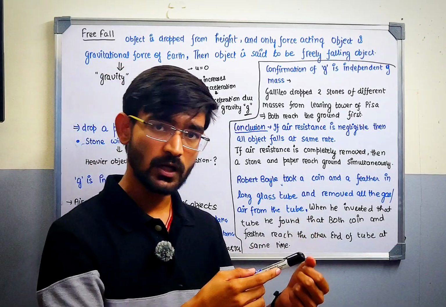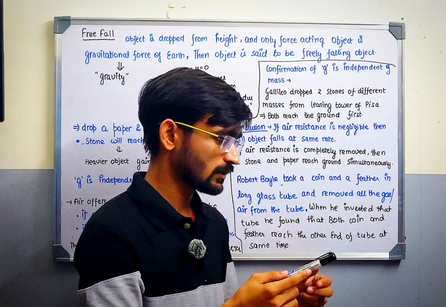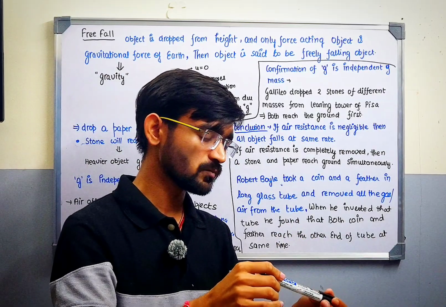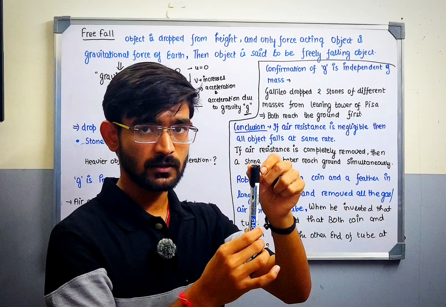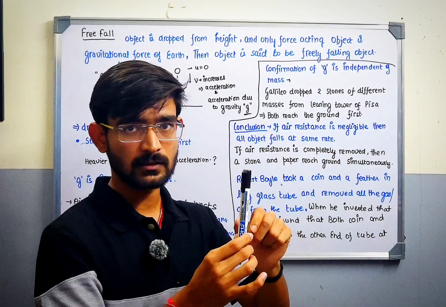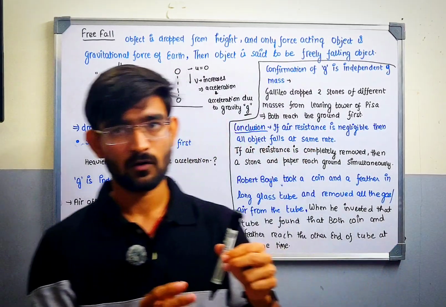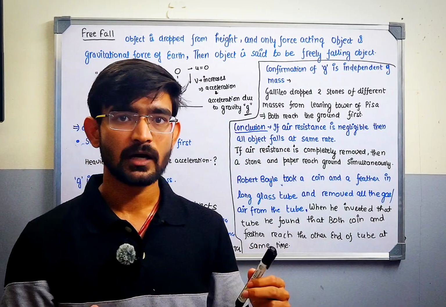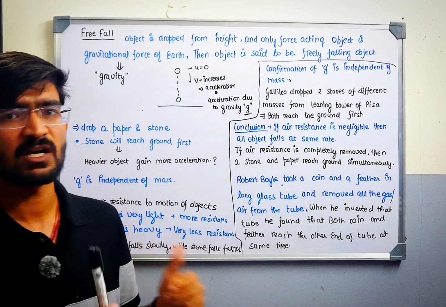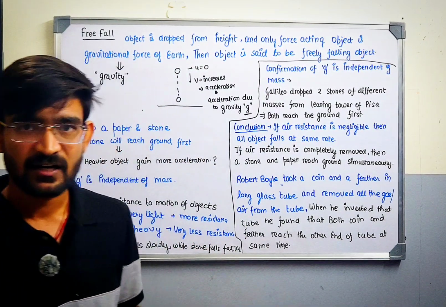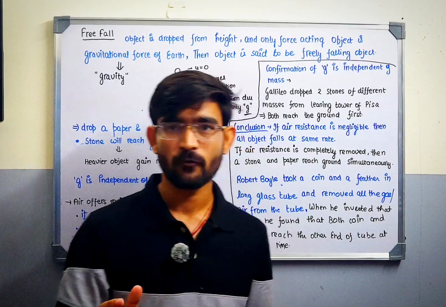Then there was no air or gas inside the tube, that means no air resistance. Then he inverted the tube like this, and he found that both the coin and the feather reached the other end of the tube at the same time. From this experiment we can conclude that acceleration due to gravity is independent of the mass of the object.